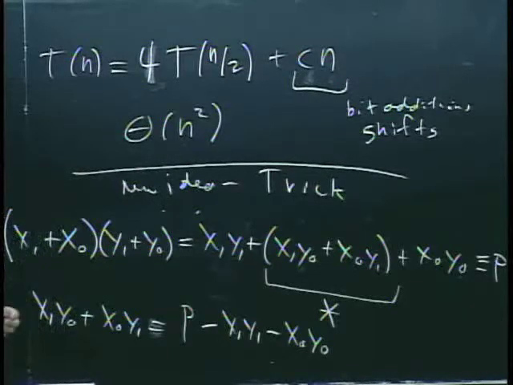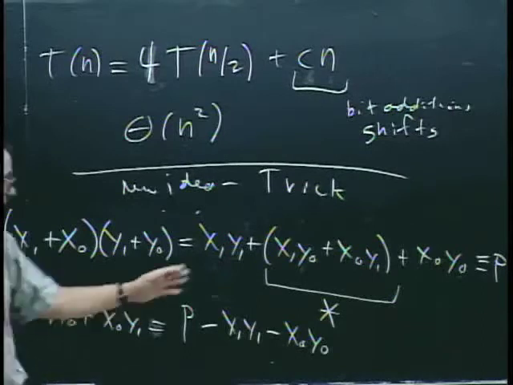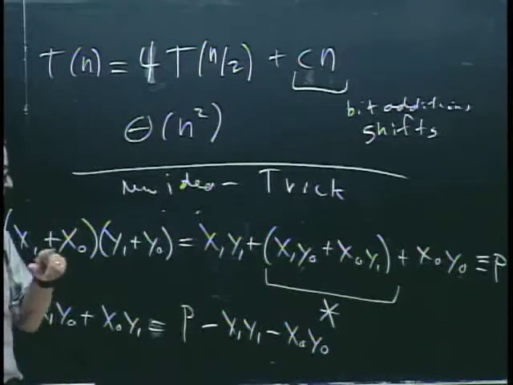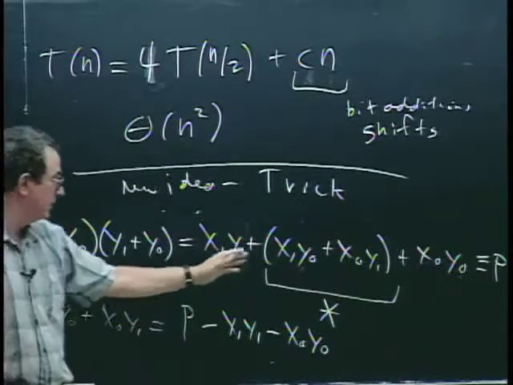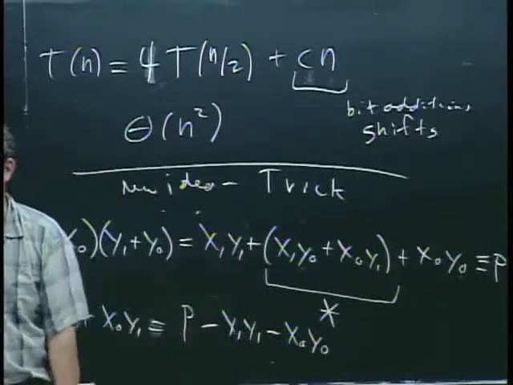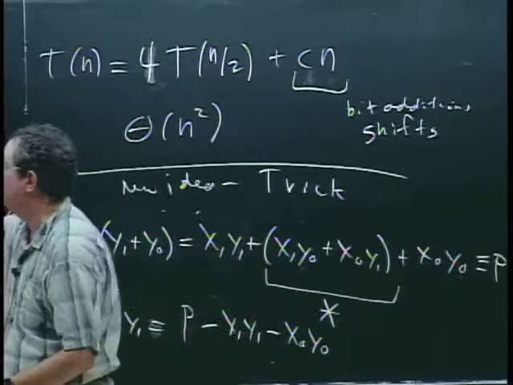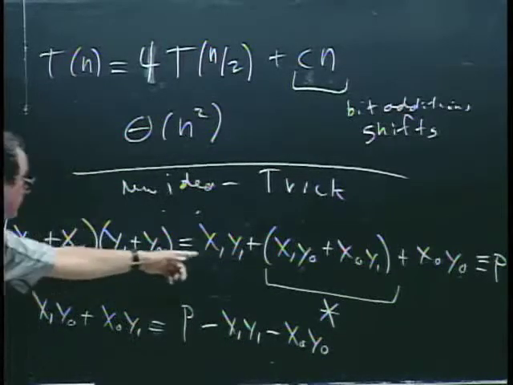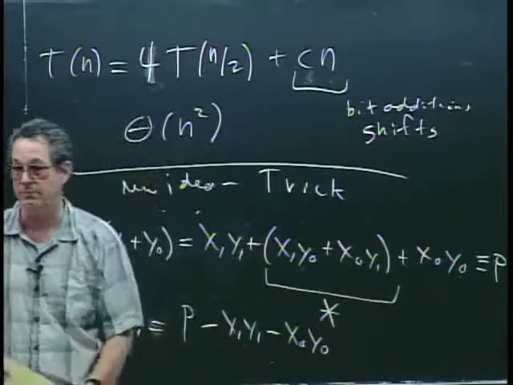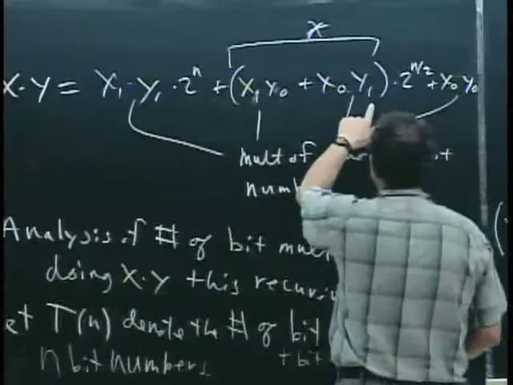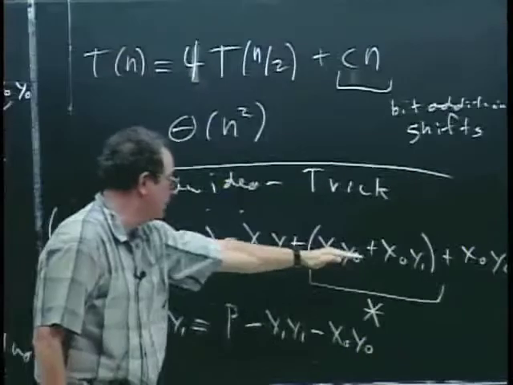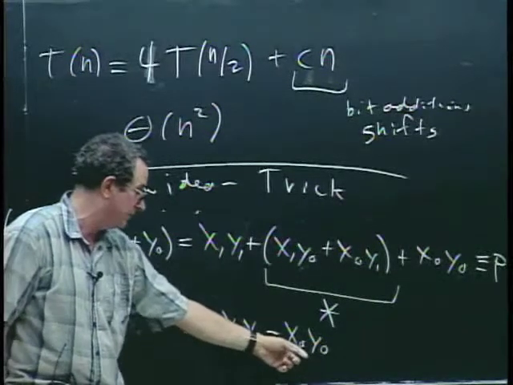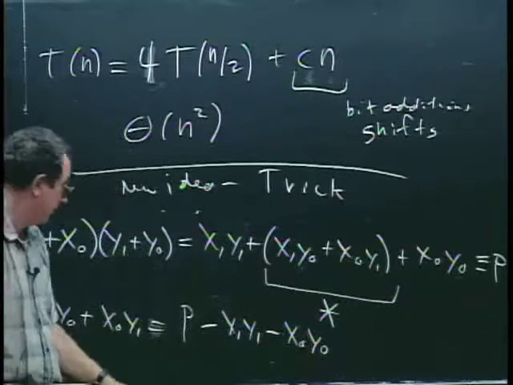The trick is that three multiplications of n over 2-bit numbers, with some additions and some subtractions, gives you all of the terms that you need up here. You get the x1, y1, because we're going to get that explicitly. You get the x0, y0, because we're going to get that explicitly. And you get the middle part because we get the sum of all the terms, and we subtract off x1, y1 and x0, y0, which we get explicitly. And that gives you the middle term.